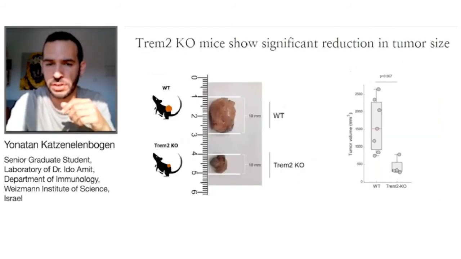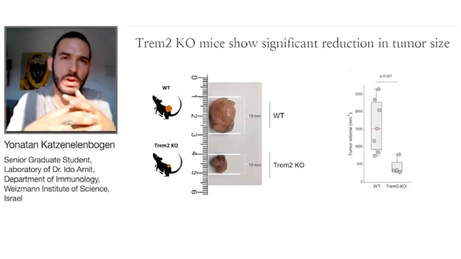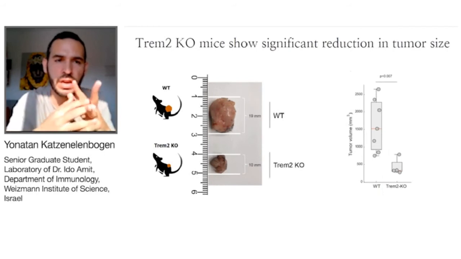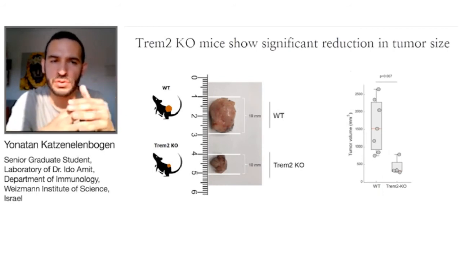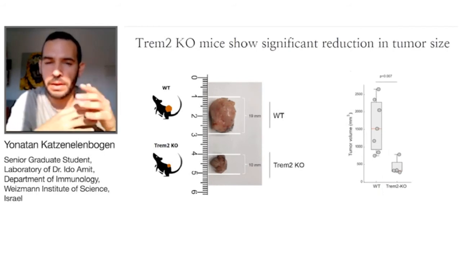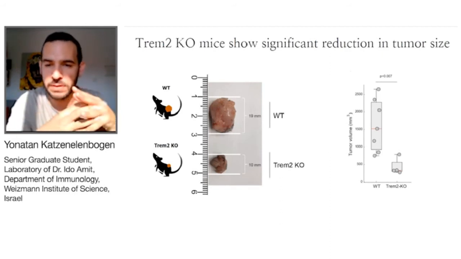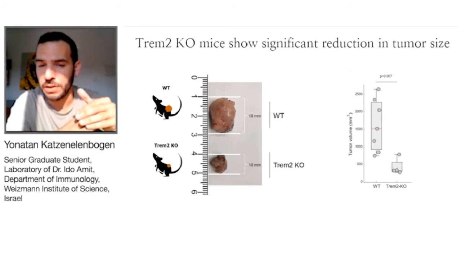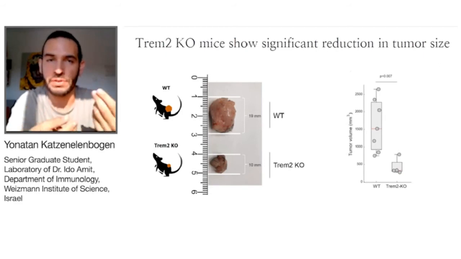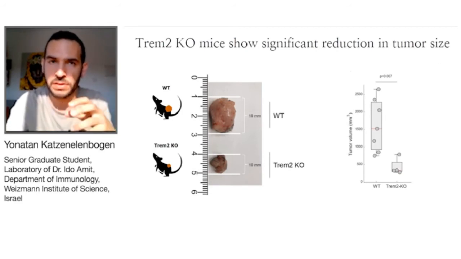Then we said, okay, is this just a correlation to TREM2, or does TREM2 indeed have a specific function? So we tested the functionality, and we produced TREM2 knockout mice, and then we injected tumors. As you can appreciate here, TREM2 knockout mice demonstrated a reduction in tumor size, suggesting that there is a role for these TREM2 ARG1 cells.